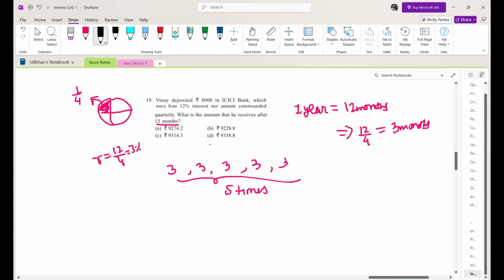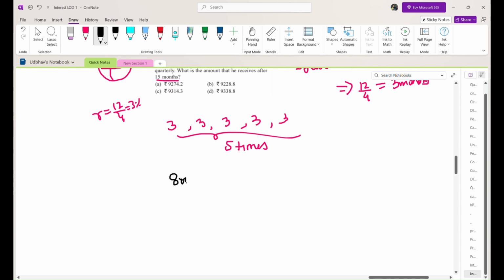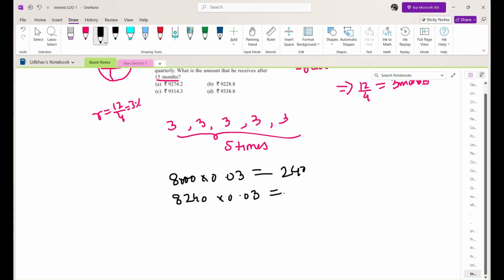So now if we start our calculation with 8,000, we give 3% interest, we get 240, and then 8240 into 0.03, we get 247.2, and 247.2 will get added on this 8240.